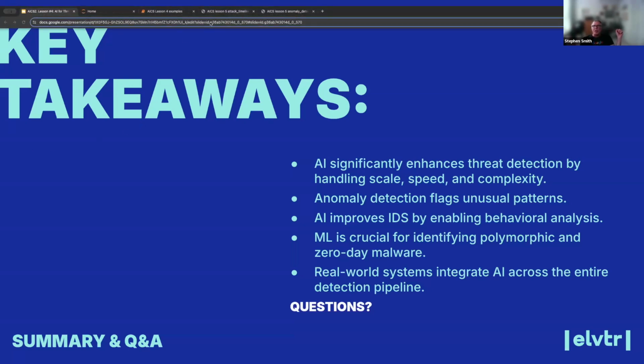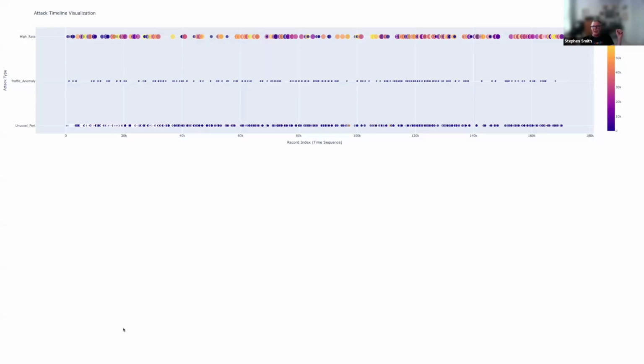A couple other things I wanted to show you. These are artifacts that I had, and these need some work, but I just wanted to show you some of the stuff that you're able to generate using ML. I asked Claude to generate these for me. So this gives me an attack timeline, right? This is pretty cool because I can go in and hover over, let me see if I can make this bigger.